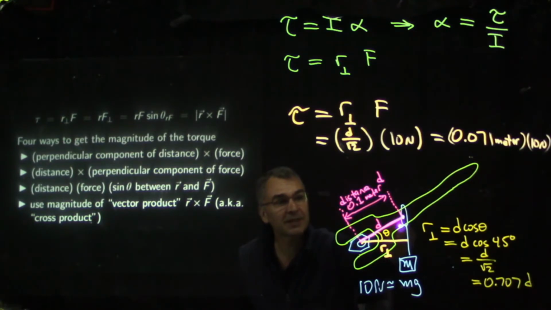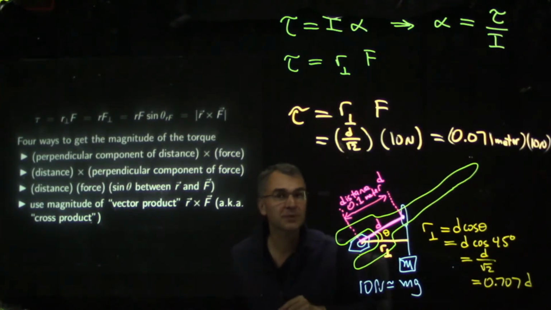But bear in mind that because we have a right triangle here, the cosine of this angle down here equals the sine of this angle up here. And this angle up here is actually the angle between the force vector and the displacement vector. So it's actually more common to consider the angle between the force vector and the displacement vector.